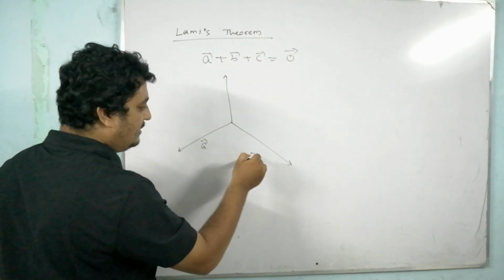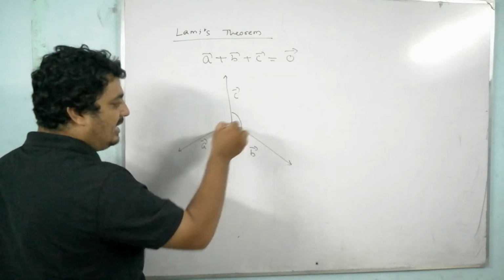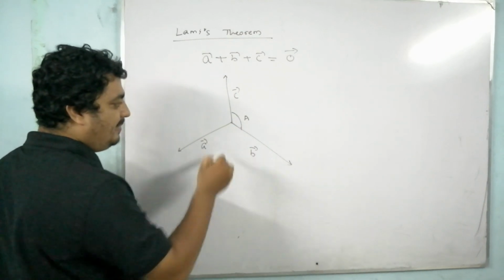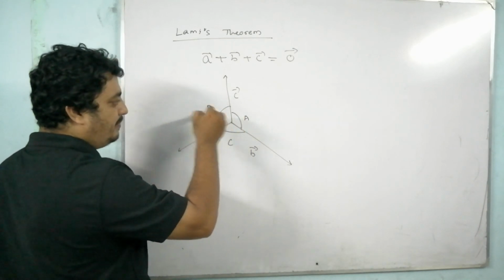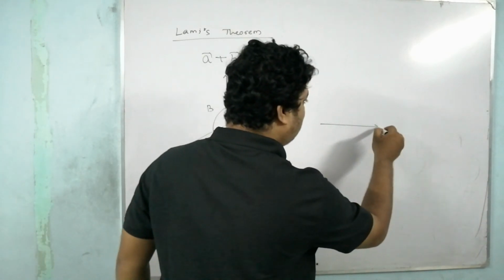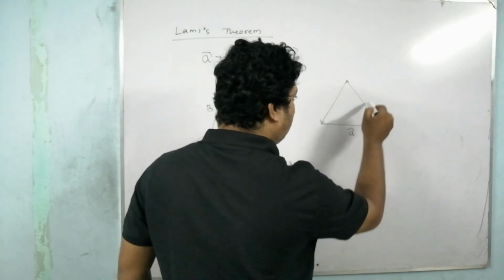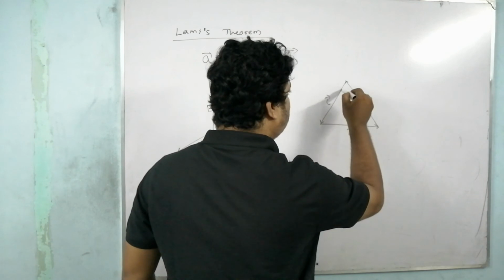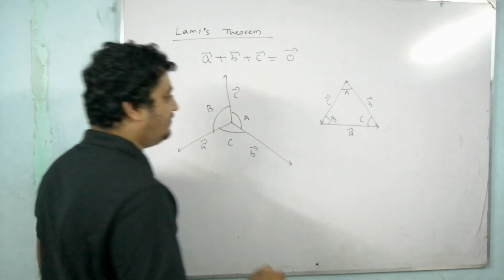This is A, this is B, this is C. Now the angle between B and C is alpha. The angle between A and B is gamma. The remaining one is beta. Or we can represent them as three sides of a triangle taken in the same order. So this angle will be A, this angle will be B, this angle will be C.